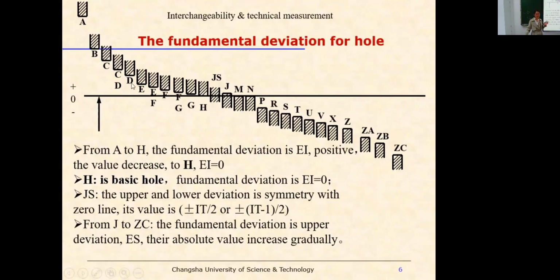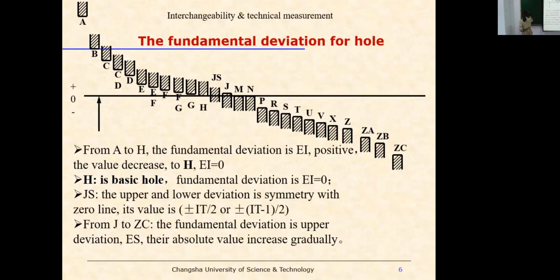And it decreases. This is EI. The value is increased, I think. To H is decreased, right? From here to here is decreased. So to H, here EI equals 0. So if you are given H, it is a shaft.